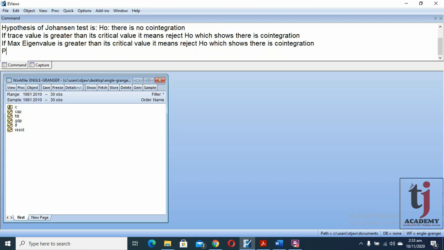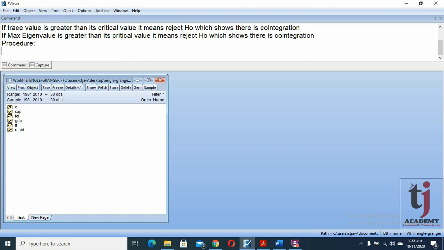Now the procedure. First, select all variables. The first variable should be the dependent one.